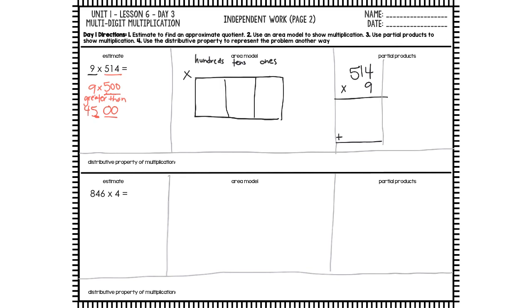Same thing on the second one. 846 times 4. Well, I'm going to keep my times 4. And I'm going to say 846. If I round it to the nearest hundred, is it going to be closer to 800 or 900? 800. So the same thing. My ones and my tens place will both have zeros, and I will be finding what goes in my hundreds.